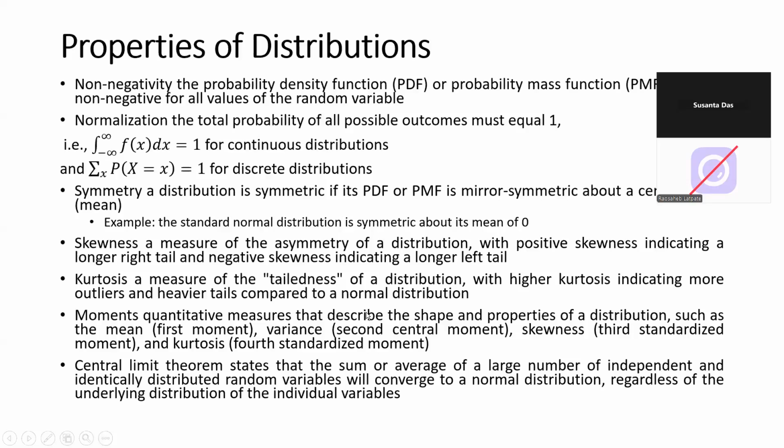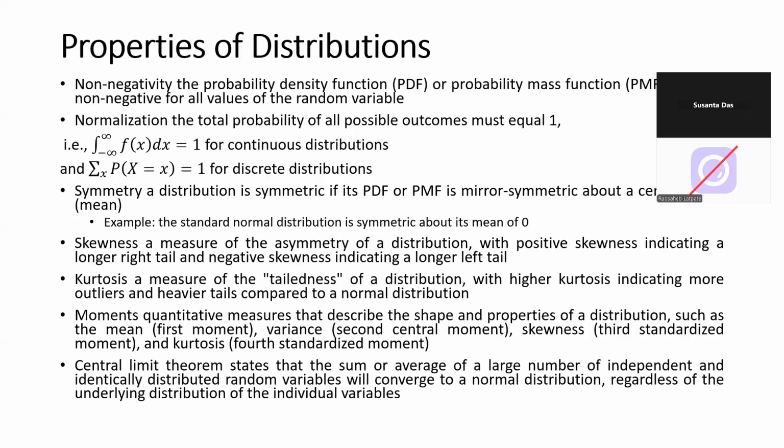Now what does skewness mean? Positive skewness indicates a longer tail at the right. Negative skewness indicates a longer tail at the left. Kurtosis measures the tailedness of a distribution, with higher kurtosis indicating more outliers and heavier tails compared to the normal distribution.